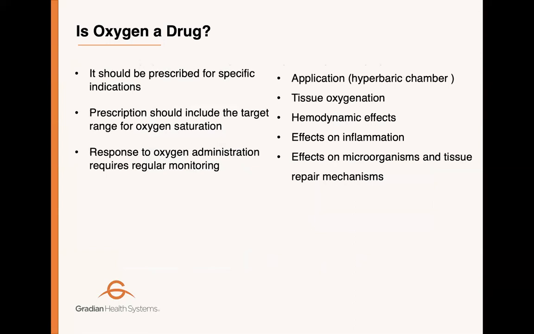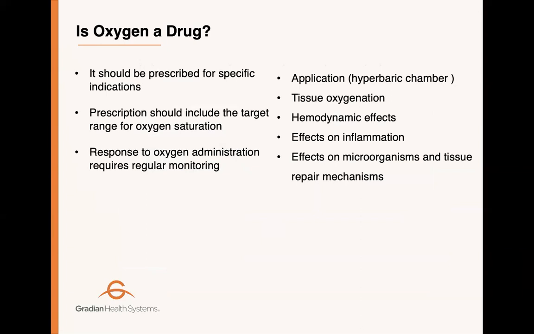So why do we need to be very careful when giving oxygen? As with other drugs which we normally administer to our patients, oxygen is also a drug. So when you're giving oxygen, you should make sure there are specific indications that your patient really requires oxygen.